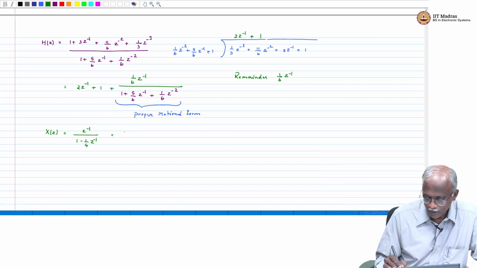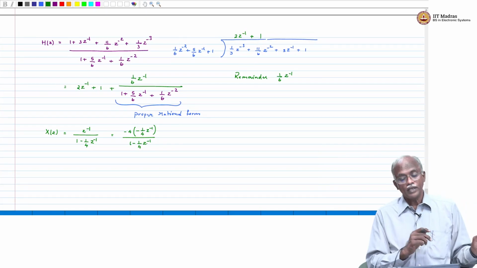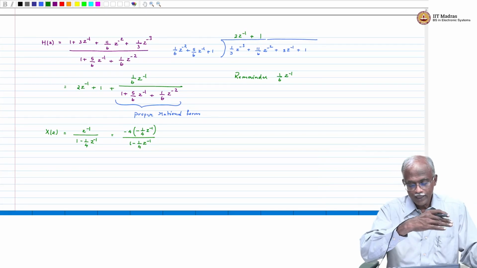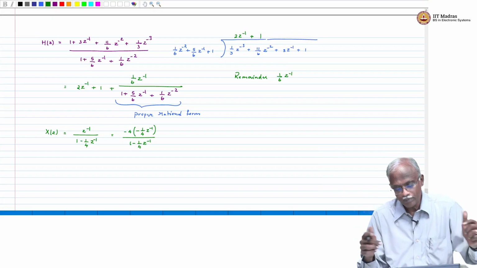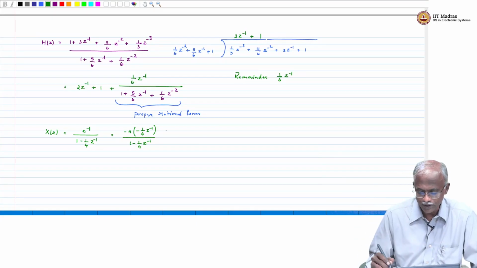Okay, let's write the numerator as minus 4 into minus 1 by 4 z inverse divided by 1 minus 1/4 z inverse. Okay, so basically I multiplied by minus 4 and minus 1 by 4. They will cancel out and giving you the same.